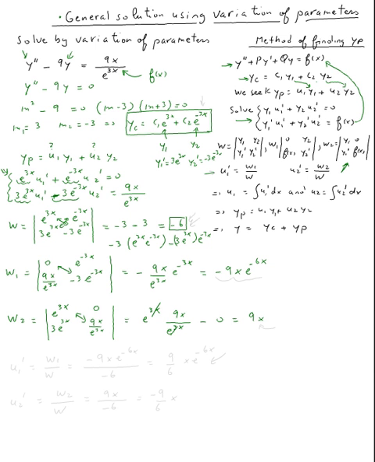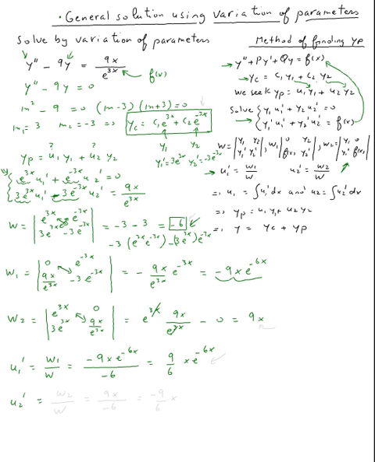Now u1 prime is equal to W1 over W, which is minus 9x e to the negative 6x over negative 6, which is 9 over 6 x e to the negative 6x.